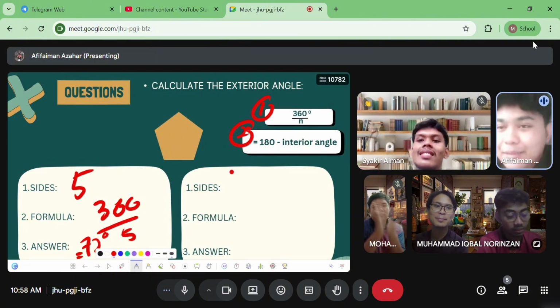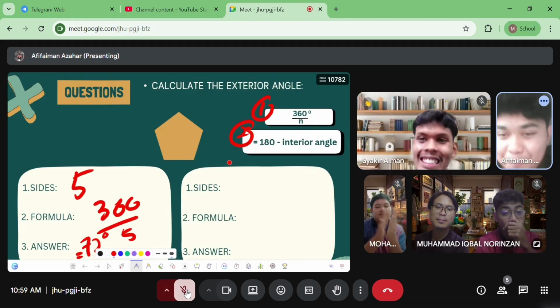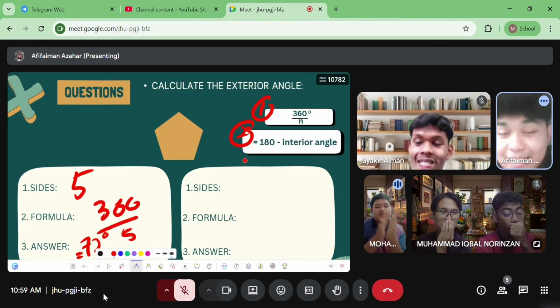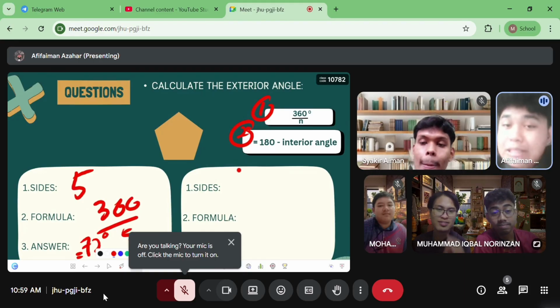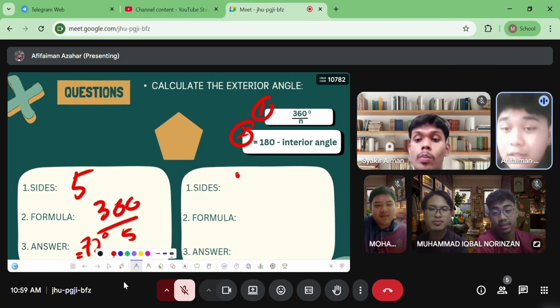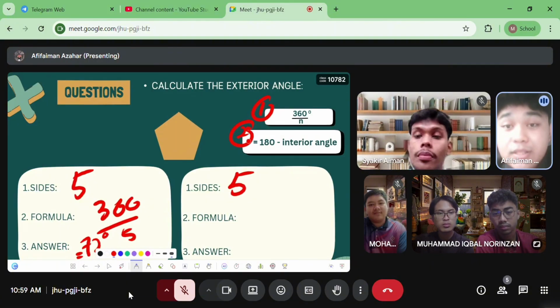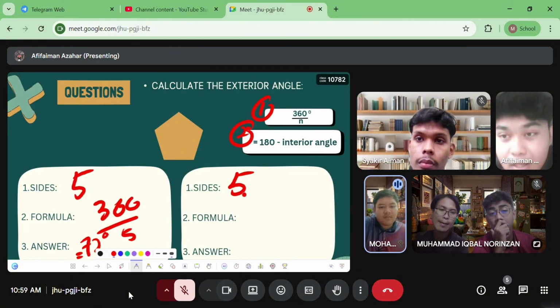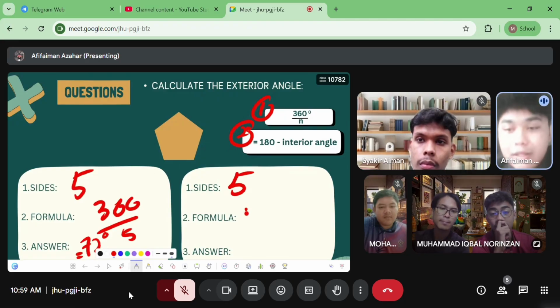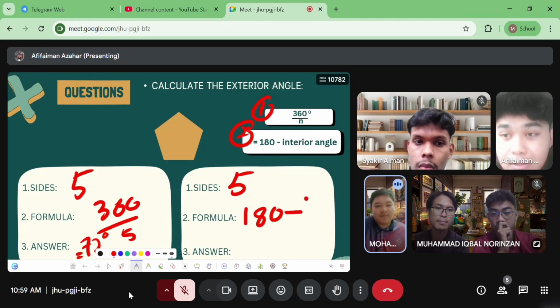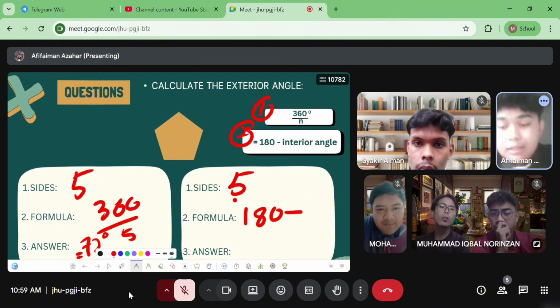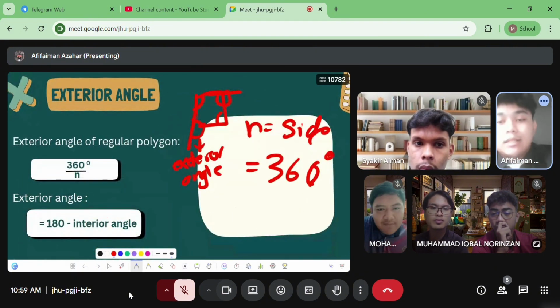All right. So, Harry, can you help me again? Yes, sir. All right. So, obviously, the number of sides is the same. It is 5. So, Harry, just now Iqbal used the first formula. So, you will use the second formula, right? Yes, sir. All right. So, the second formula is 180 minus the interior angle. What is the interior angle of the polygon, like we calculated just now?